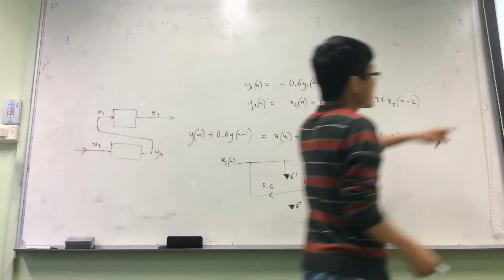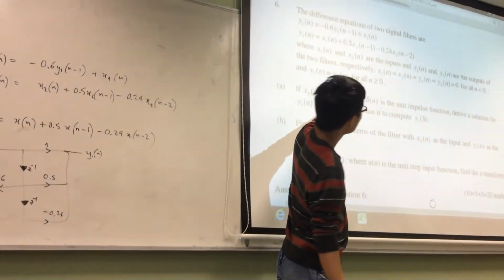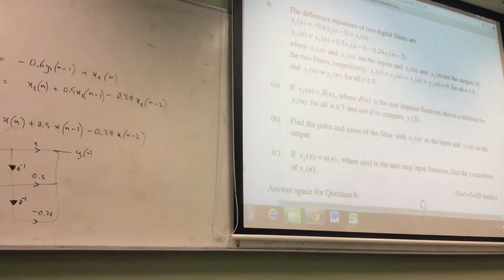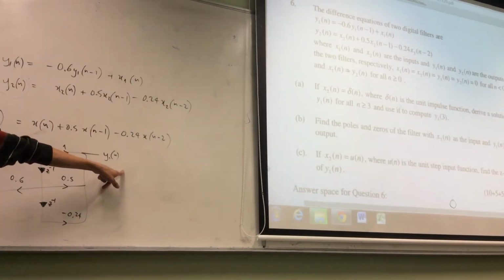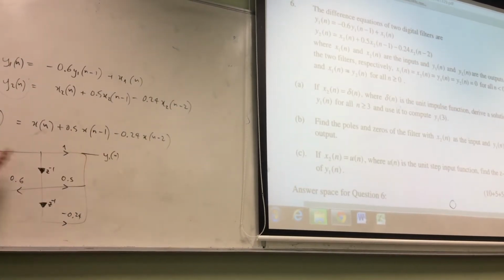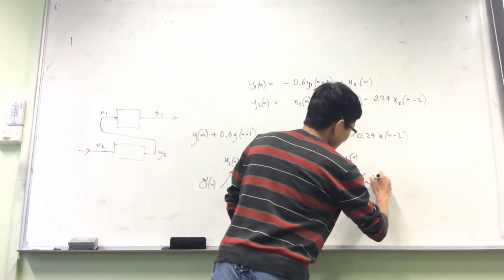Now, let's say x2 equals the impulse. So you put the impulse in here, and you need to calculate what comes out there. What is the output of the impulse? Impulse response. So we need to calculate the impulse response.